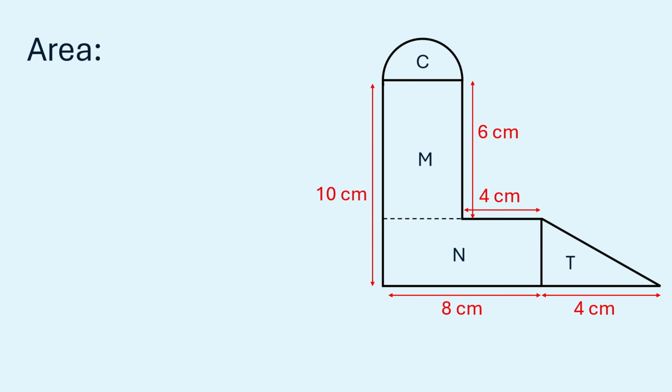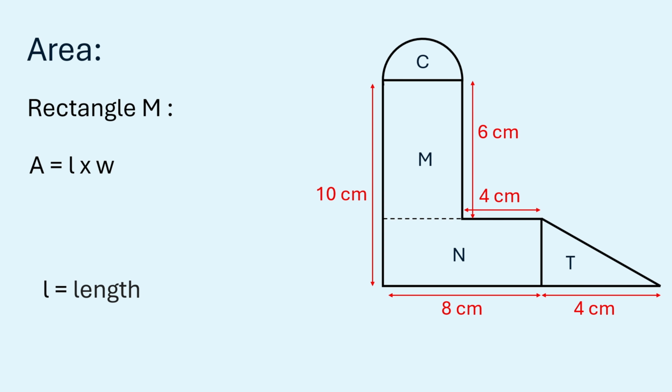To find the composite area, we will add the areas of C, M, N and T. Starting with rectangle M. The area of a rectangle A is equal to L times W. For rectangle M, the length L is equal to 6 centimeters.